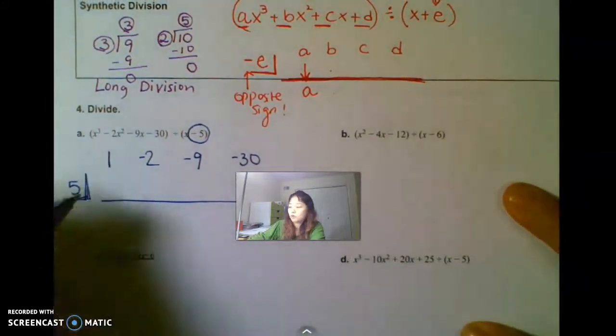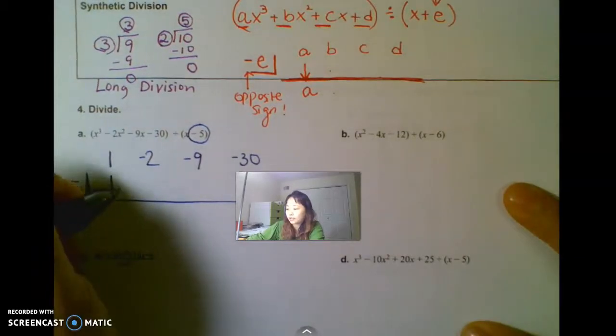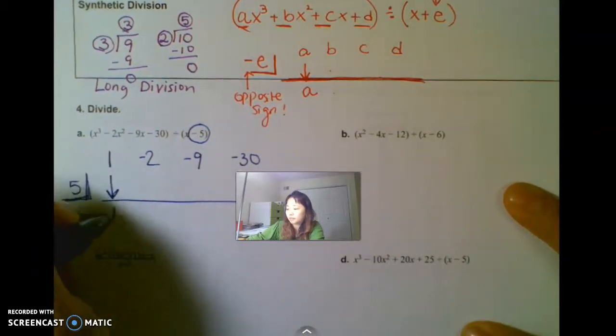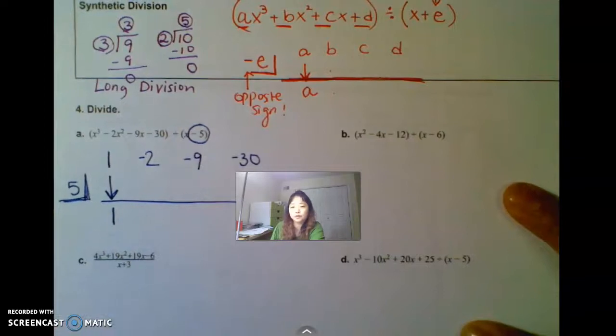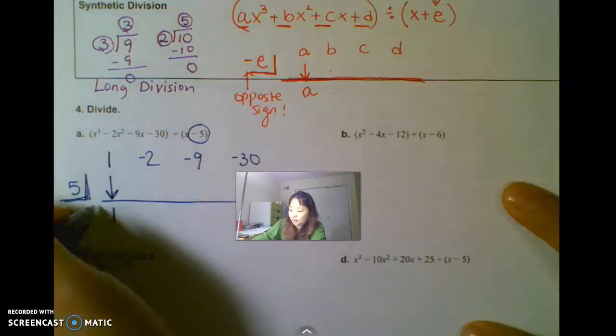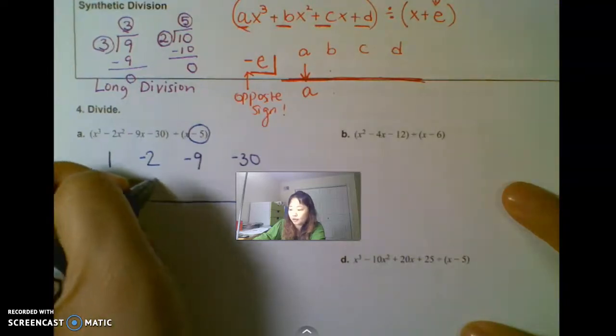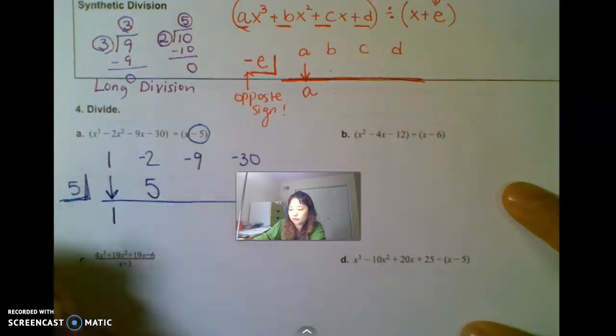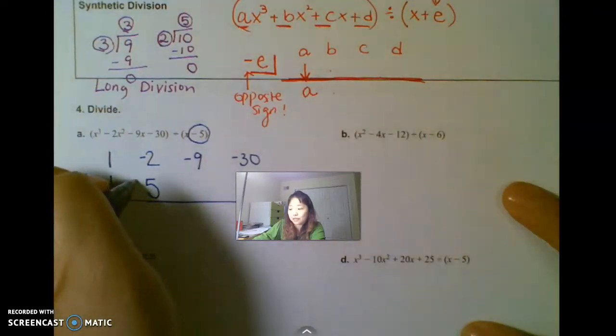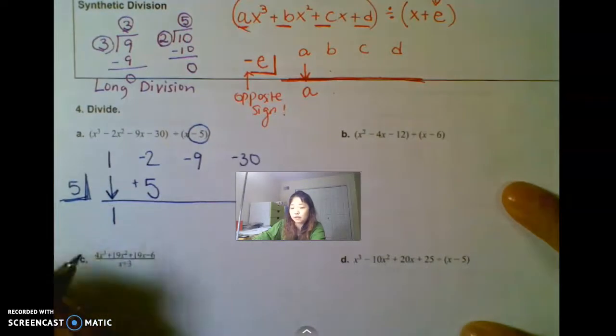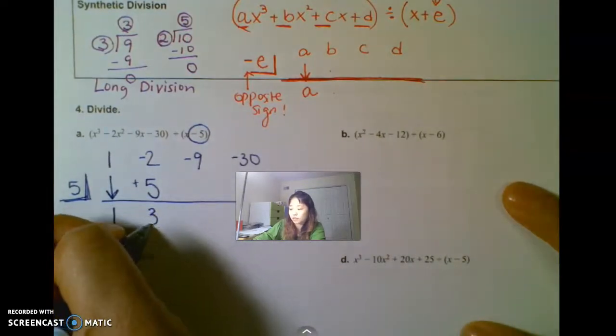Now I draw a line. Okay. So first, you just bring it down. We don't do anything but bring it down. Now, starting from here, just a little tricky. This number, we always multiply by what you're dividing by. So 1 times 5 is 5, right? You put it right here, and then we add them together. Negative 2 plus 5 is 3.